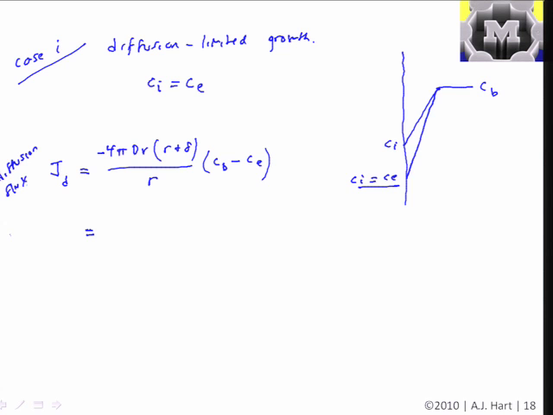We can set this diffusion flux equal to the equivalent flux required to increase the particle, which is equal to the surface area of the particle divided by the molar volume multiplied by the rate of change in its size.